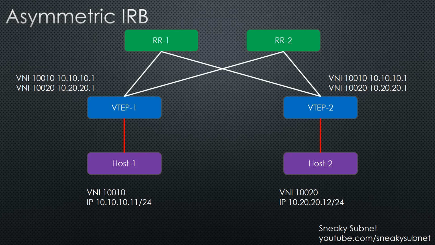What is Anycast gateway? It means that the SVI or default gateway for those VNIs will be located at each VTEP.